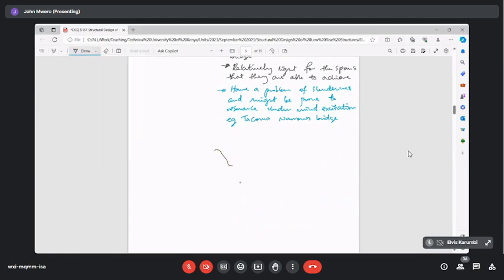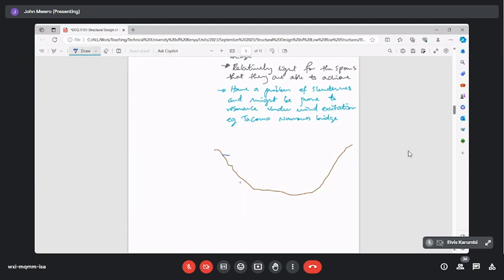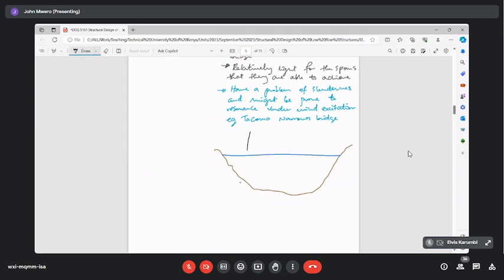Generally, you have your channel that you need to cross, whether it's an ocean or what. You have your water line. You have large supports. Could be two, could be more, could be one, depending on the number of spans and the lengths of those spans and the length of the crossing.